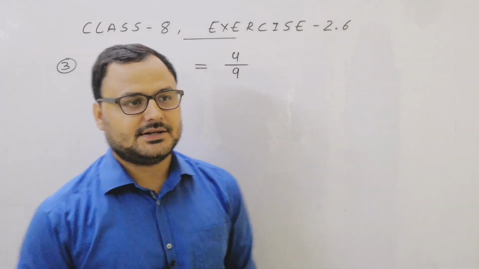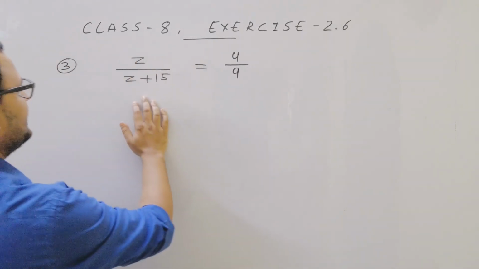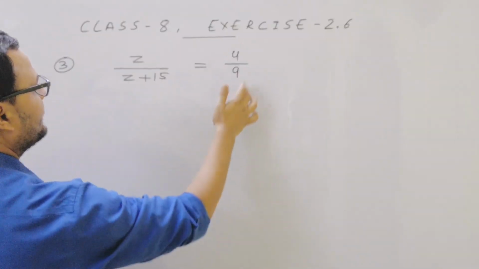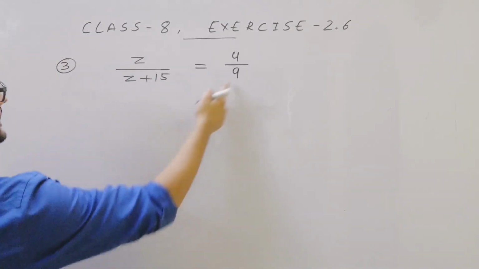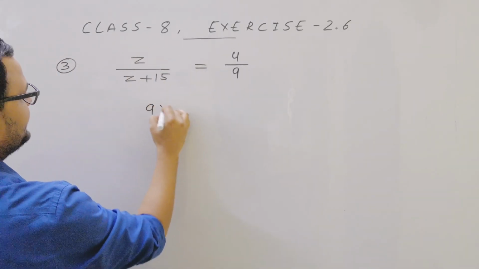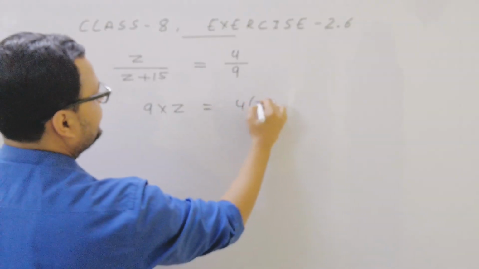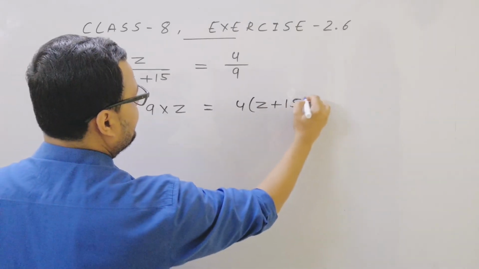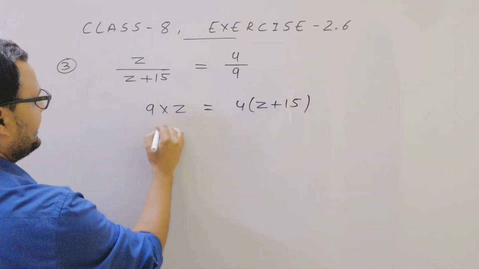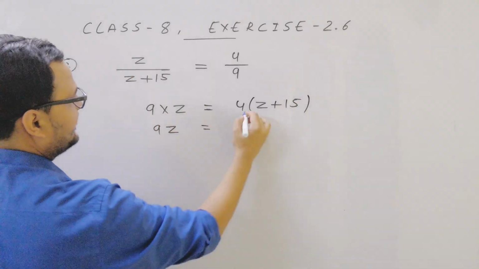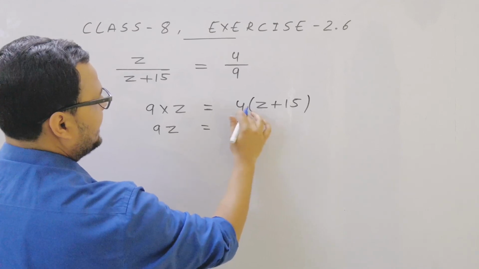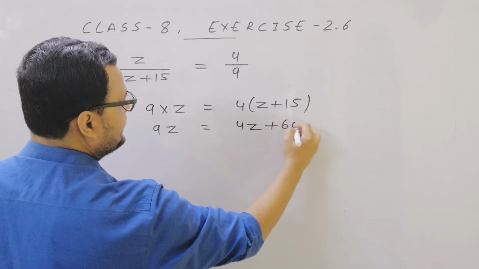Now question number 3. z divided by (z plus 15) equal 4 by 9. So again cross multiply. 9 into z equal 4 into (z plus 15). When I simplify, I got 9z equal 4 into z, 4z, and 4 into plus 15, I got 60.